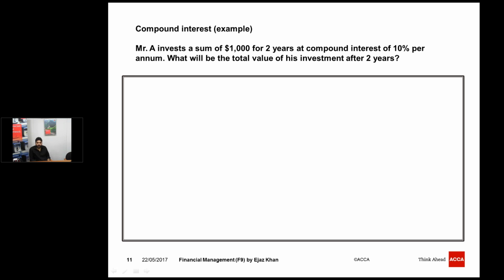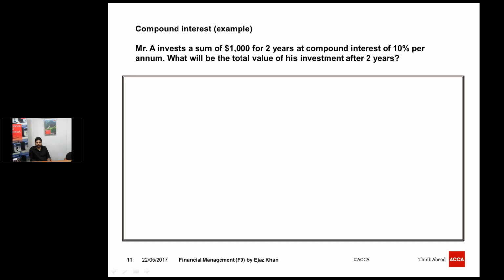The techniques that we are going to study, which will help us decide whether we should accept a particular project or not, are net present value, internal rate of return, payback period, and accounting rate of return, ARR.